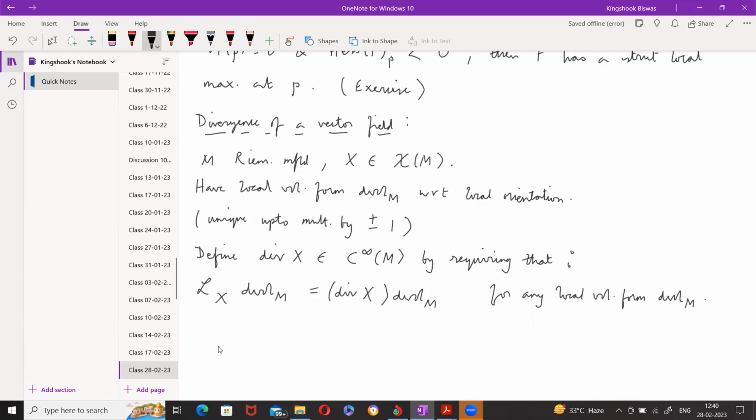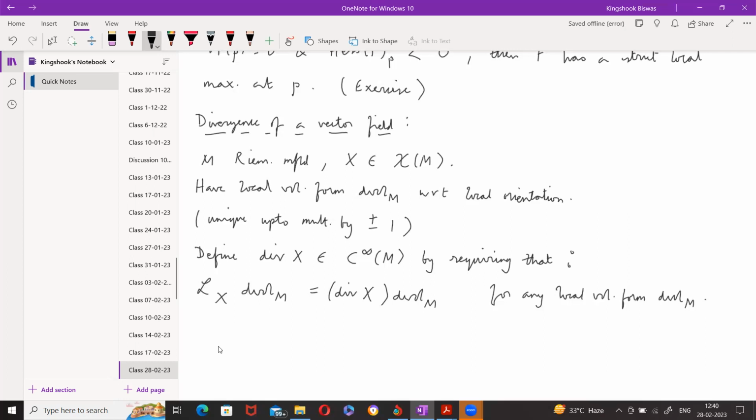So this function here does not change. Is that clear? So this doesn't depend on the choice of local volume form or the choice of local orientation. Both sides will get multiplied by the same factor -1, so the function div X will stay the same.